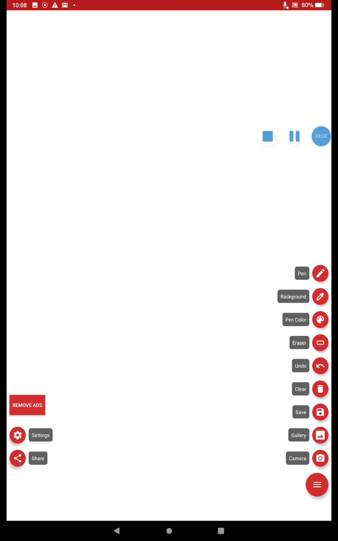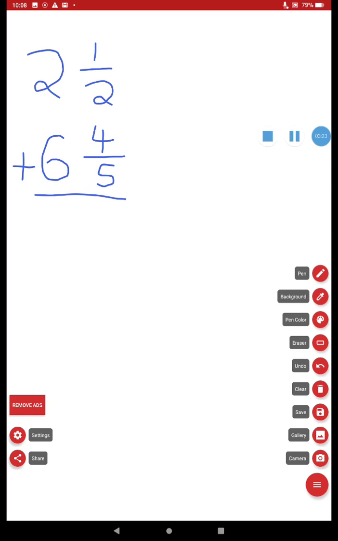All right, the next thing you're going to be reviewing today is adding and subtracting mixed numbers. So let's say you have 2 and 1/2, and you're adding that to 6 and 4/5. Okay? Remember that we just finished this unit on fractions. I need to convert them.